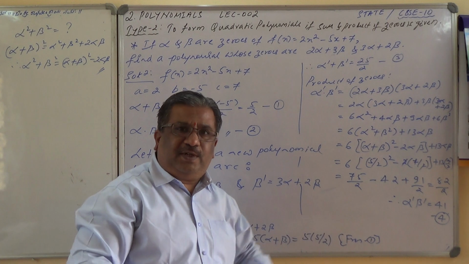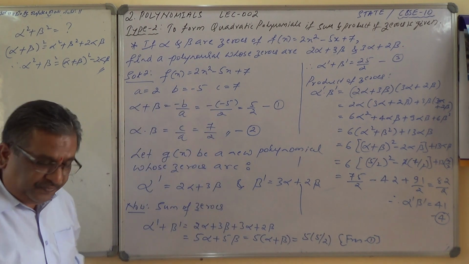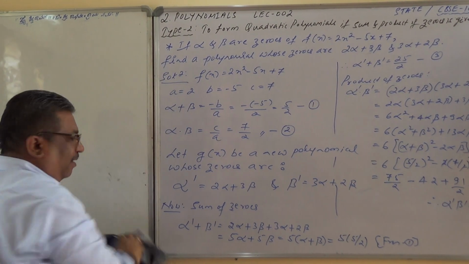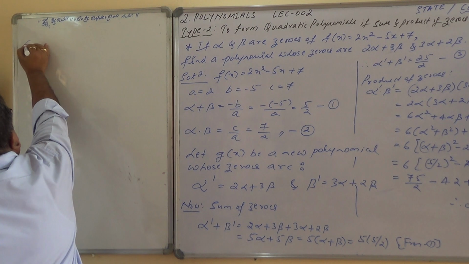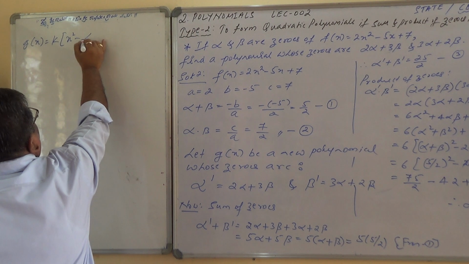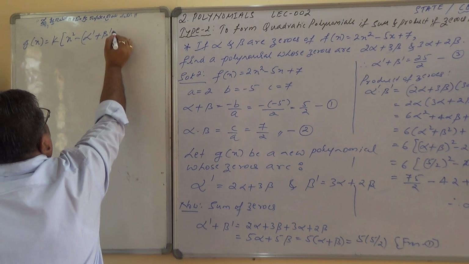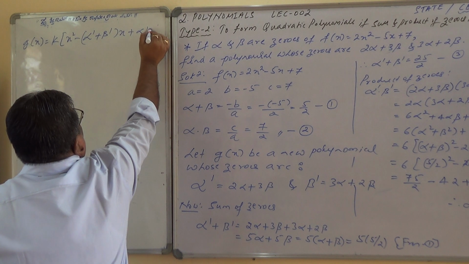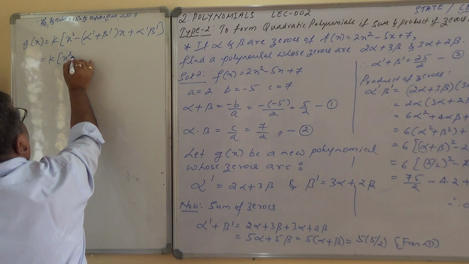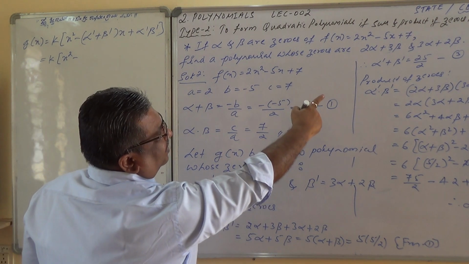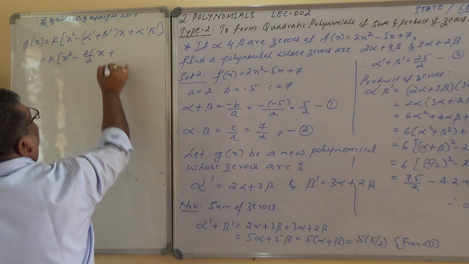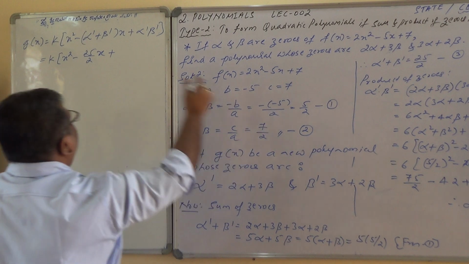Now we have to find g of x. Therefore the new polynomial g of x is equal to k times (x square minus (alpha dash plus beta dash) into x plus alpha dash into beta dash), which equals k times (x square minus, what is alpha dash plus beta dash, from 3, 25 by 2, times x plus alpha dash into beta dash from 4, 41).